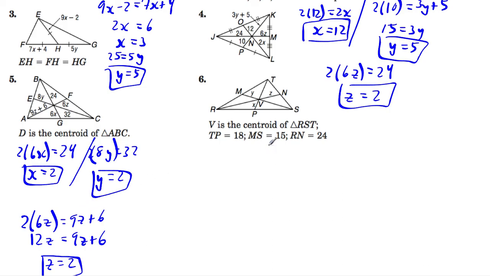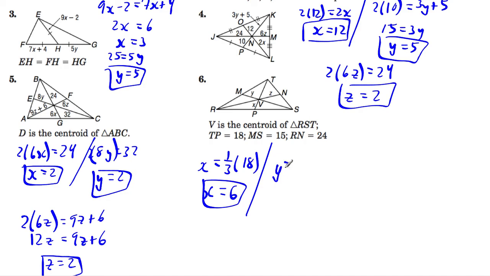And then over here we have V is a centroid of triangle RST. So TP is 18. So X is a smaller segment, so that's 1/3 of TP, which is 18. So X is equal to 6. MS is 15, so Y is yet again the smaller segment, so that's 1/3 of MS, which is 15.